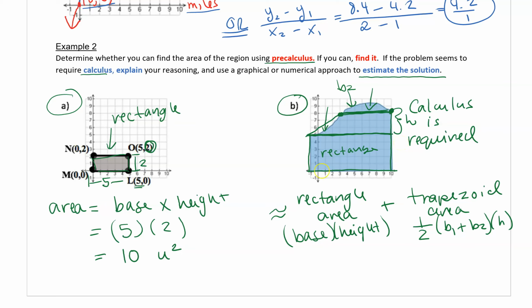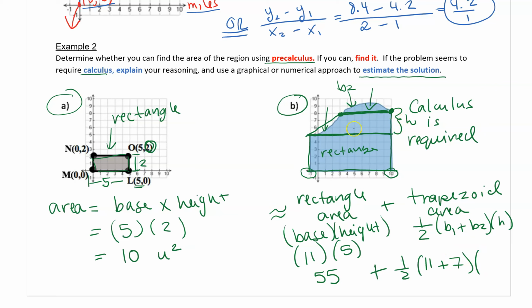Now for the rectangle, I can see it goes from -1 to 10, so that would have a base of 11. And then it goes from 0 to 5, so that would be a height of 5. So my rectangular area would be 55. For my trapezoid area, my first base is 11. My second base goes from 3 to 10, so it's 7.